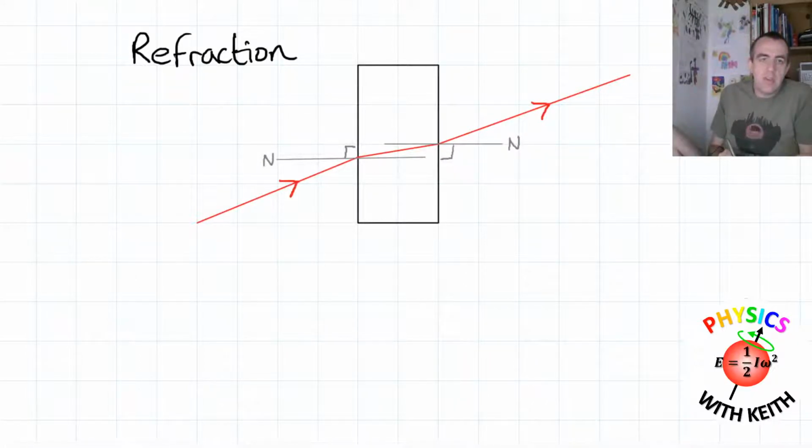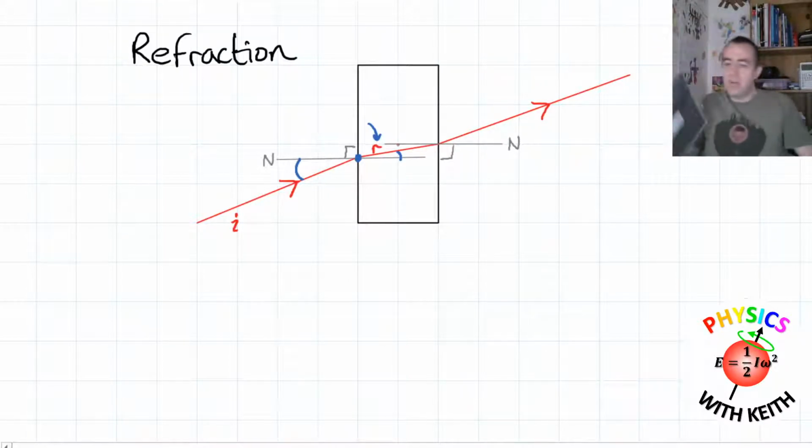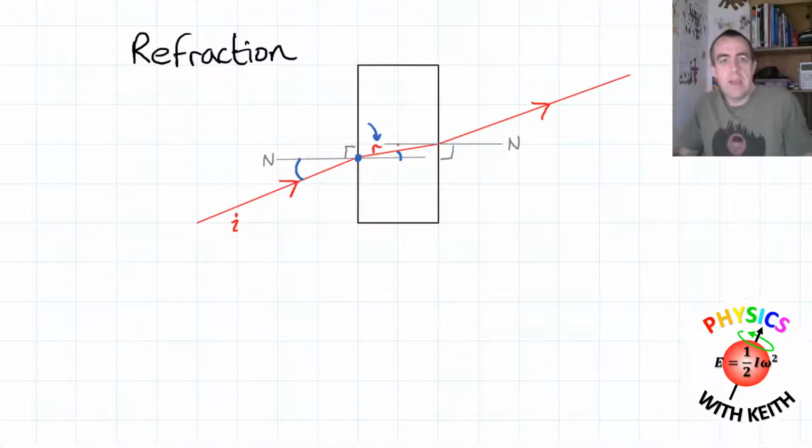And what you'll notice is that the angle of this ray is bigger than the angle of this ray, because the ray has been bent towards that normal at that first interface, at this interface here on the left. Now we call the ray that comes into an interface the ray of incidence, or the incident ray, and the ray that leaves that interface a refracted ray, or sometimes a transmitted ray.